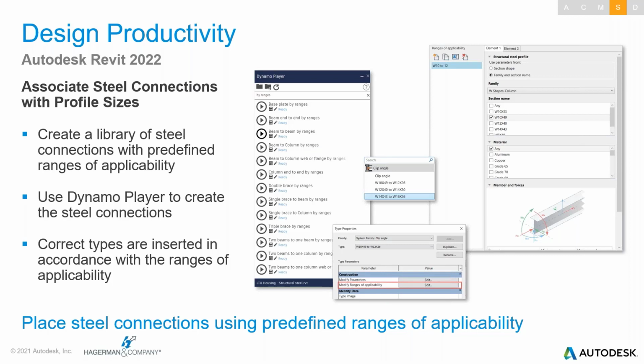In other words, Revit 2022 helps structural engineers place steel connections quickly and accurately using automated tools and predefined ranges of use cases for profile sizes.